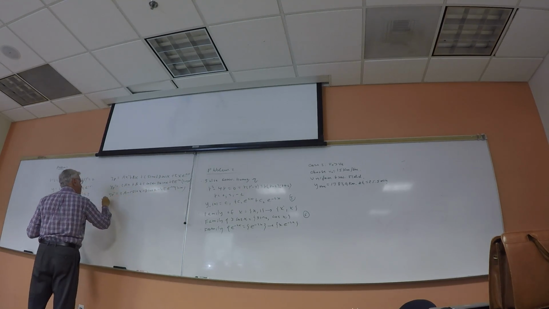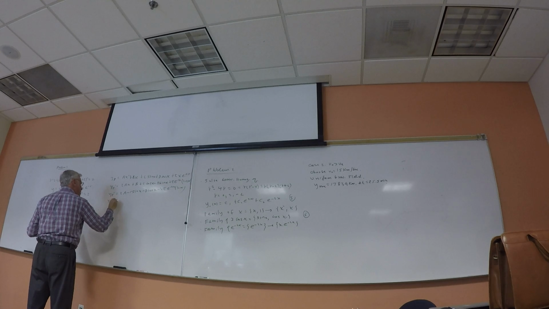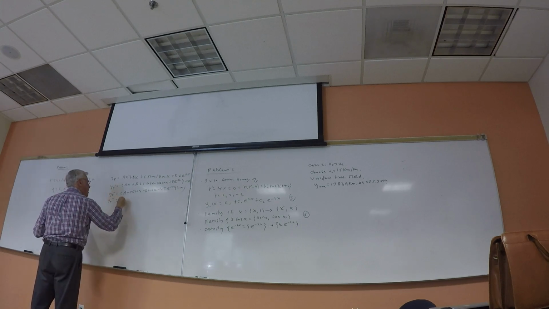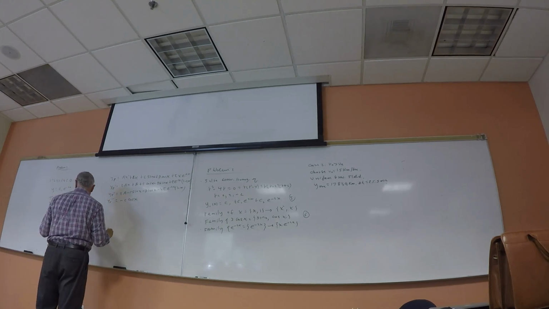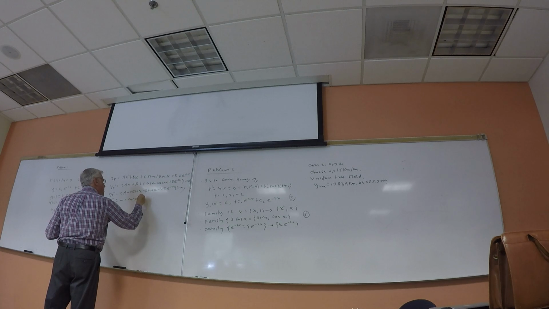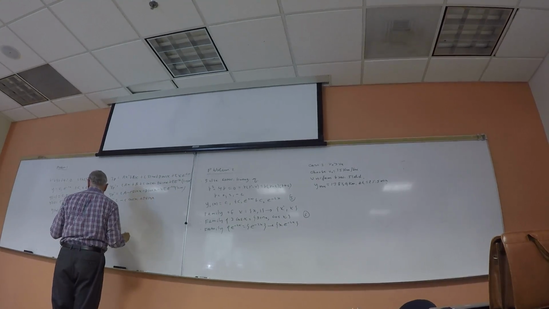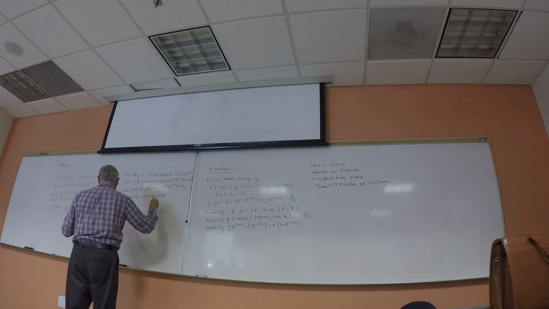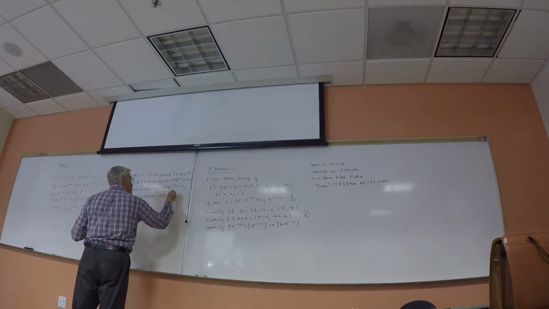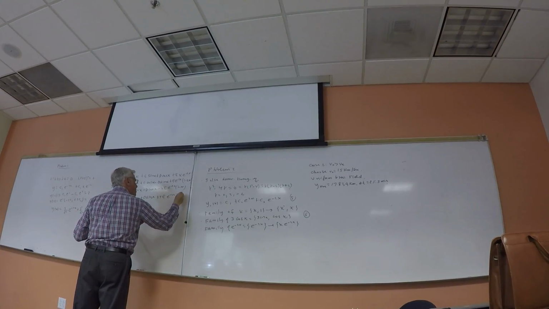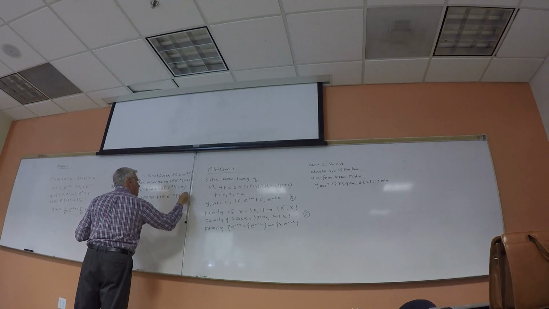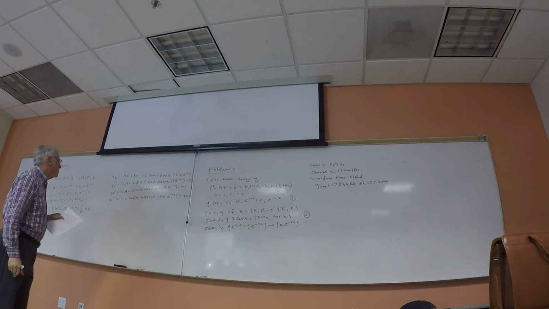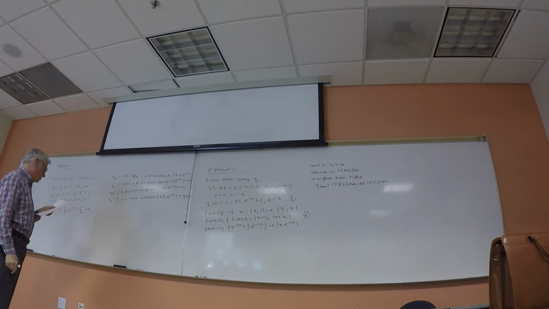Okay, then we had to go to yp triple prime. You get a minus c cosine of x plus d sine of x plus 4 cap E e to the minus 2x times 3 minus 2x. Okay?